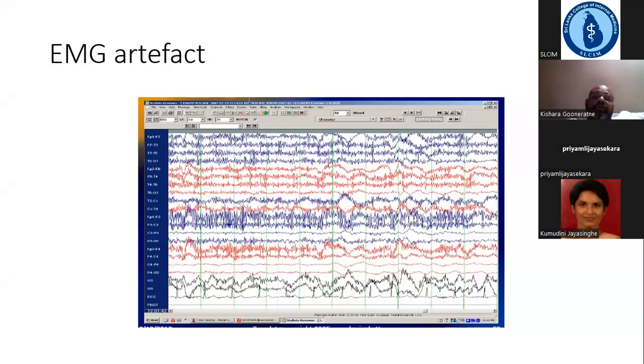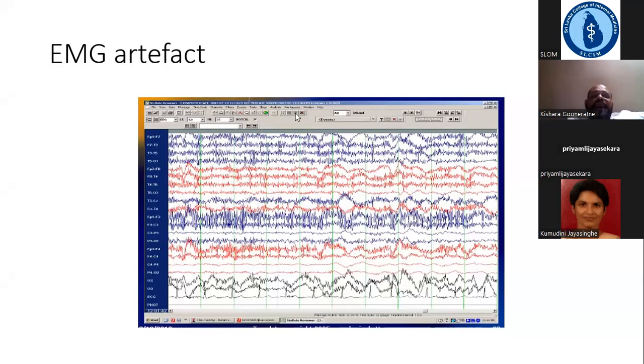So it's very important to identify that this activity is actually EMG artifact rather than epileptiform, or sometimes it is misinterpreted as ictal activity on the EEG.